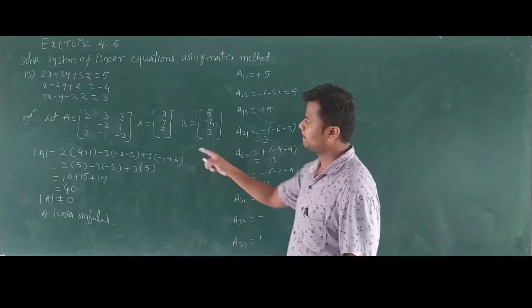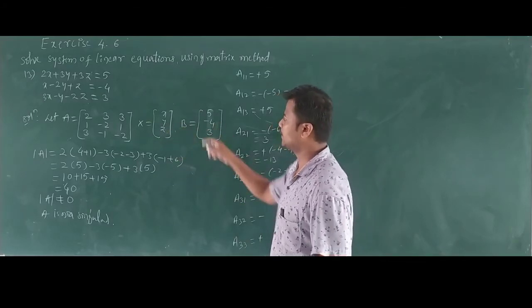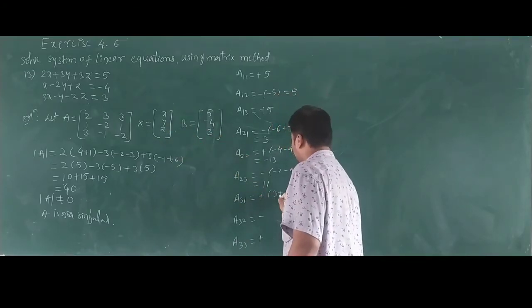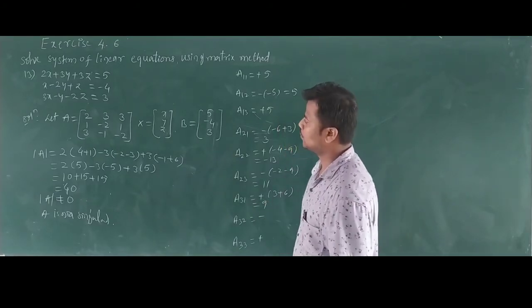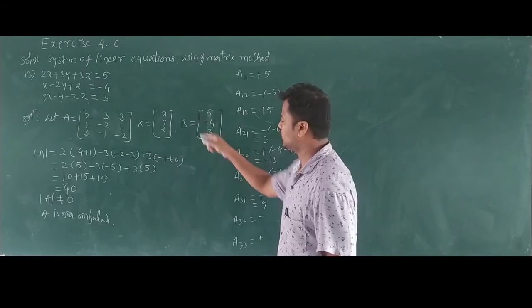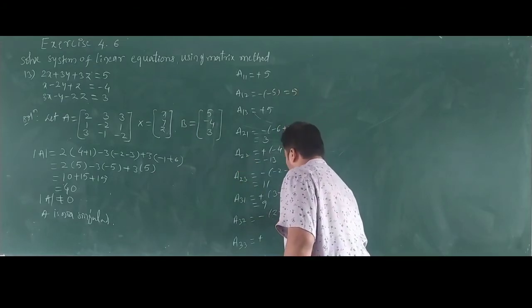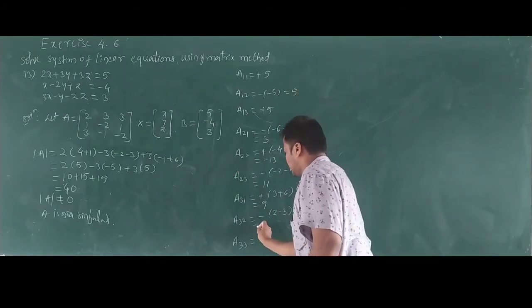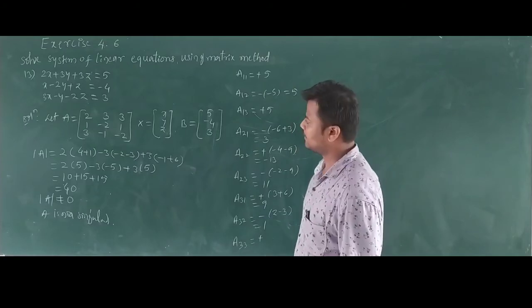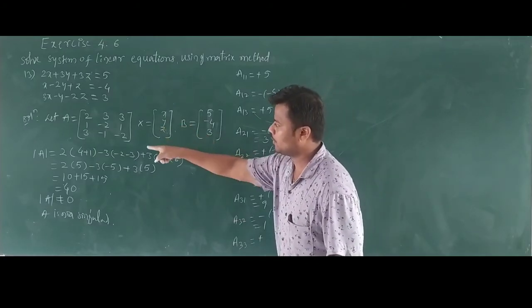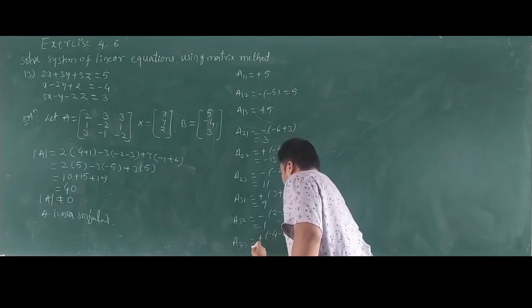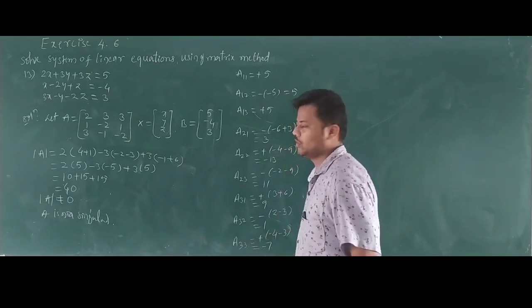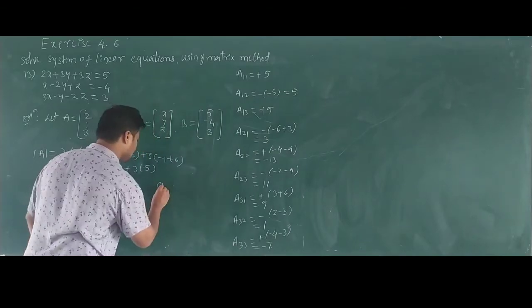A31 is 3 plus 6, this is 9. A32 is 2 minus 3, minus 1, with sign minus, plus 1. A33 is minus 4 minus 3, this is minus 7. So the cofactors are correct.